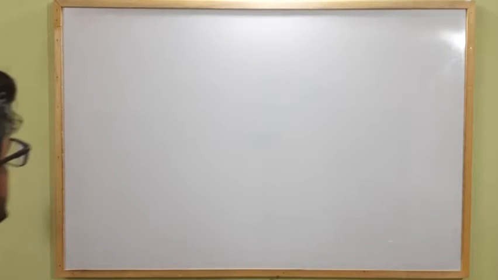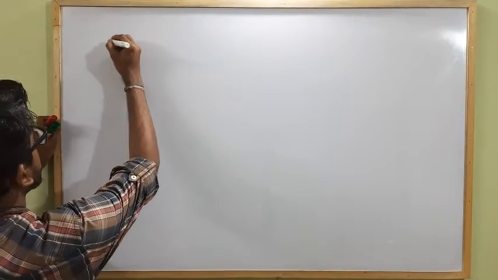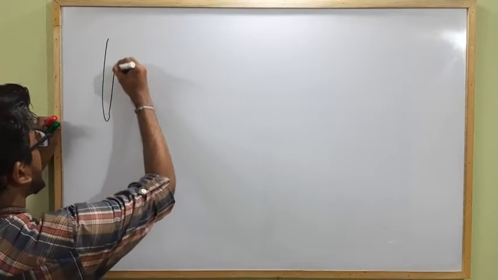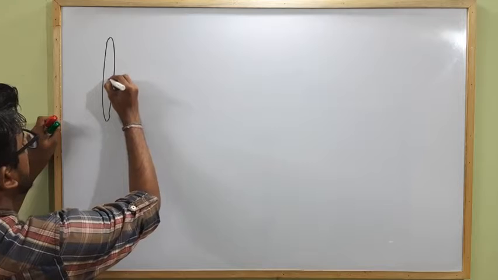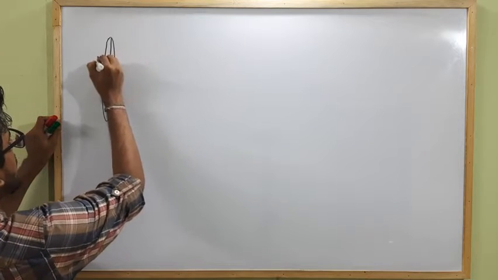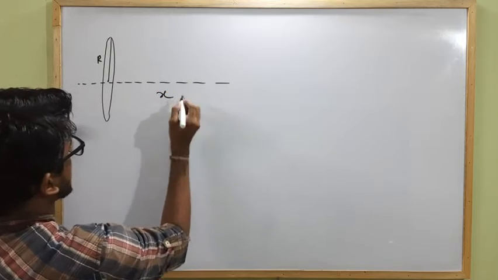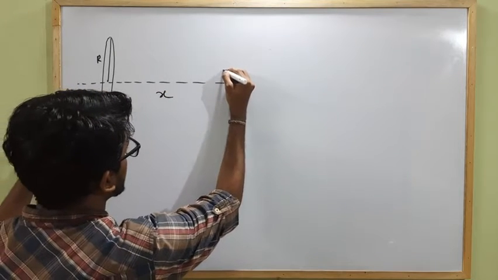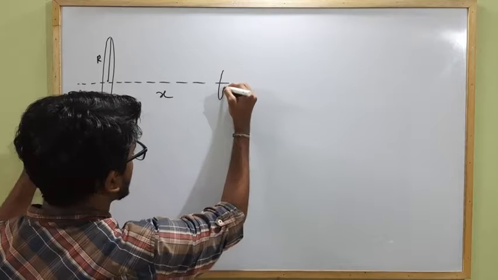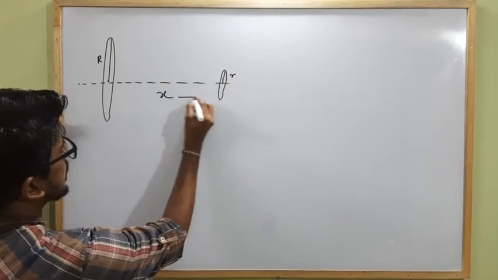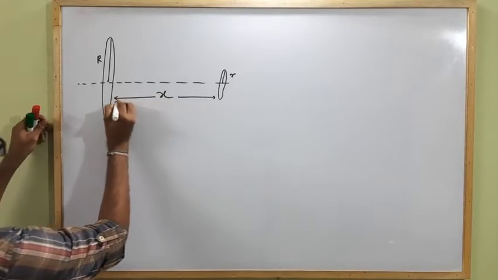So in the next question, here is a circular coil of radius capital R and coaxially at a distance x there is another coil of radius small r. Clear?